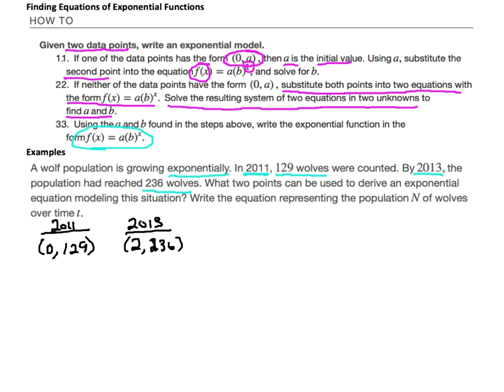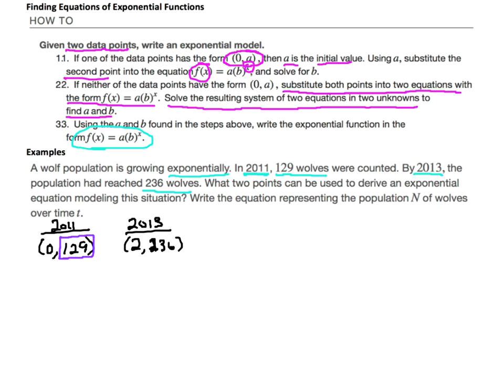236 wolves. So what 2 points can be used to derive the exponential equation model in this situation? The points (0, 129) and (2, 236). That says write the equation. So we have our initial value, we forced our initial value to be 129.